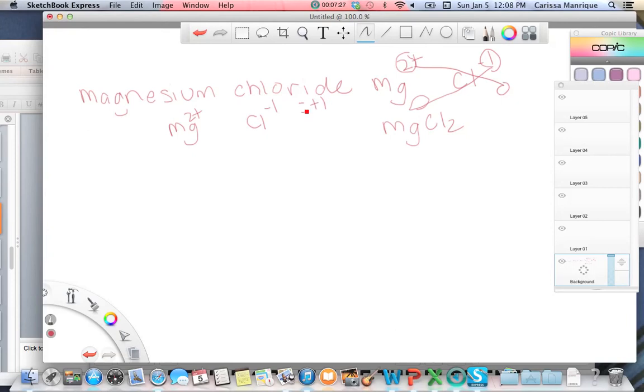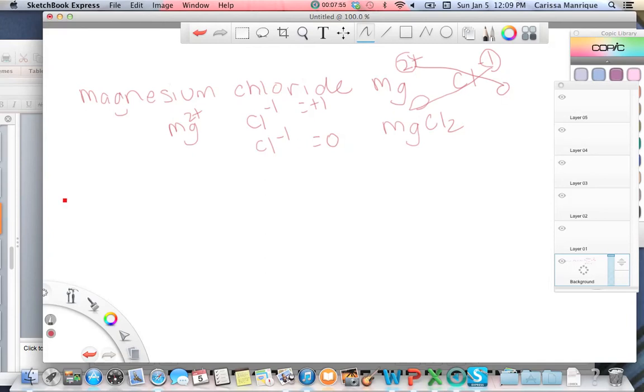So I need to neutralize one more positive charge, so we need 2 chlorines. I have a magnesium with a 2+, and 2 chlorines with a -1. When I add those together, that will equal 0. So it took 2 chlorines to neutralize 1 magnesium. That's why we have MgCl2. And the shortcut is just to cross those numbers down.